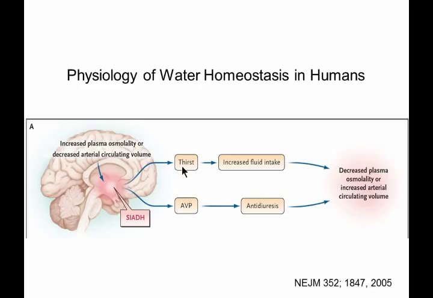Osmoreceptors in the hypothalamus sense this and stimulate thirst, which tends to lead us to increase our fluid intake, and also secrete AVP, arginine vasopressin, which causes increased permeability for water in that distal collecting tubule, and we reabsorb that water and essentially concentrate our urine.